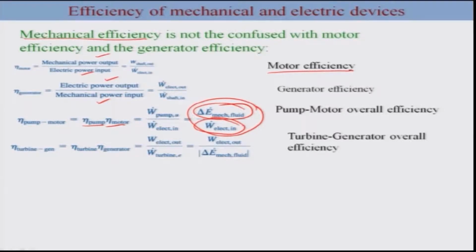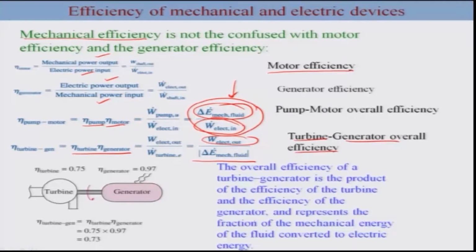The effect is directly reflected in the mechanical energy of the fluid. Similarly, you can do that for the turbine and generator. The turbine-generator is given by the electrical power output divided by the decrease in the mechanical energy of the fluid. That is the turbine-generator overall efficiency.